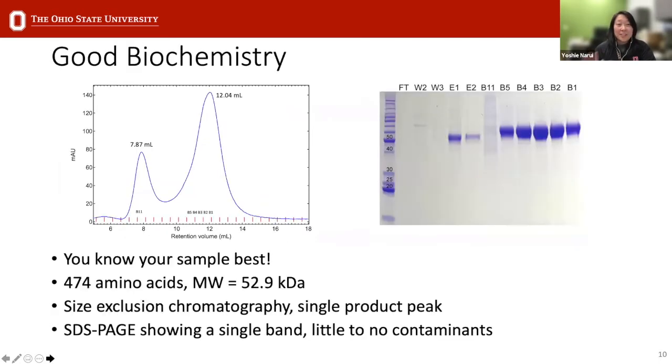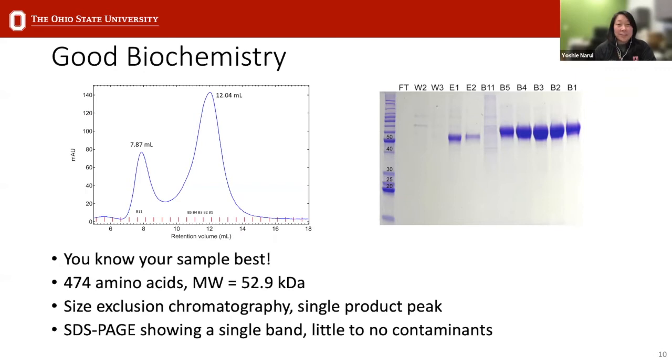So everything starts on the user end, right? You are going to come to us with your sample. And for a single particle sample, we would like to see certain benchmarks. We really like to see good biochemistry done on your end before coming to us.